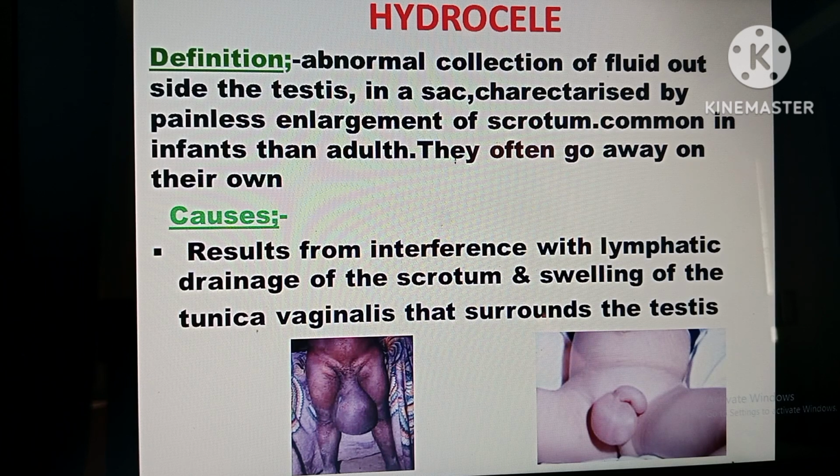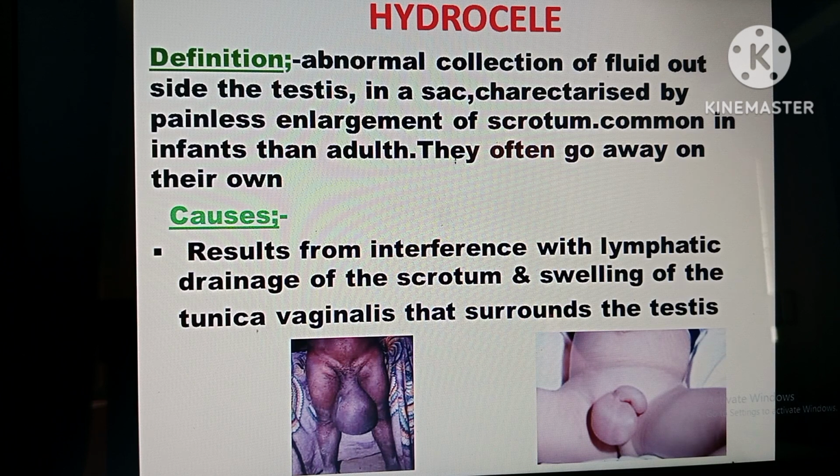See, our body is covered by the lymphatic system, which is the immune-providing system. In the lymphatic system, lymph fluid is draining, moving, flowing throughout. If there is any blockage in this lymphatic fluid, what happens? It cannot move forward, so it will block there. The same thing occurs in the scrotum.